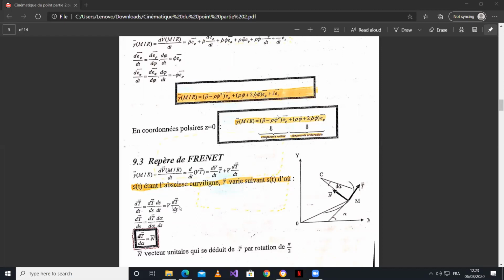Now we are going to try and deal with this dT over ds. And there's a rule that we use normally when you're studying the movement of a point on a curve. For you to understand the movements properly on that curve, you try and divide that curve into circles, like you draw circles on the curve at different points.